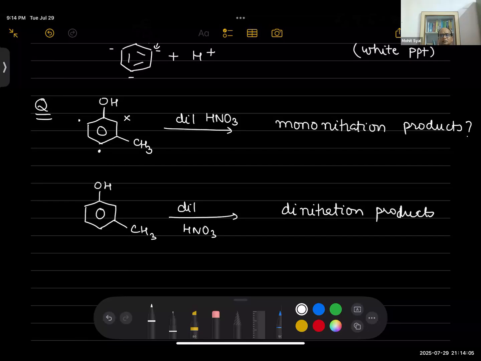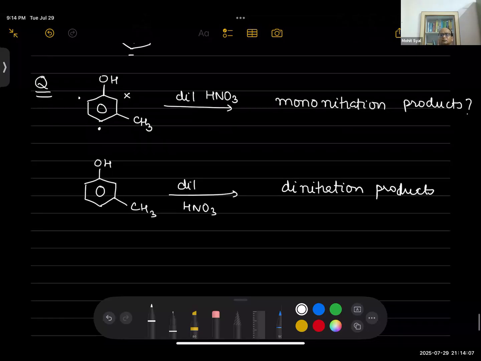Why did I put a cross on that ortho position, though that is also ortho? It's because in the middle, the compound becomes too crowded.